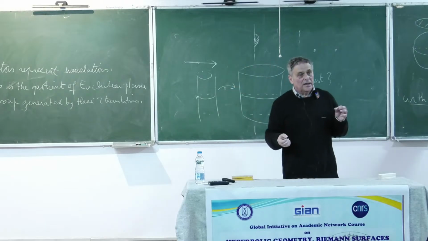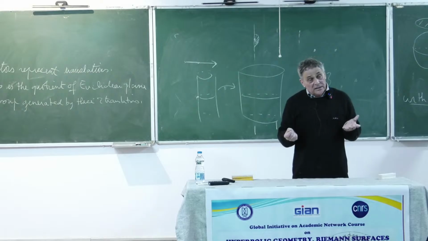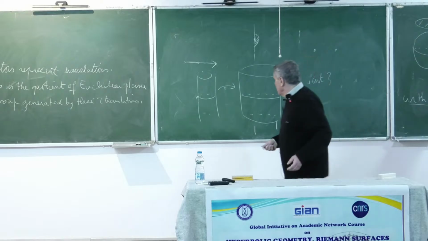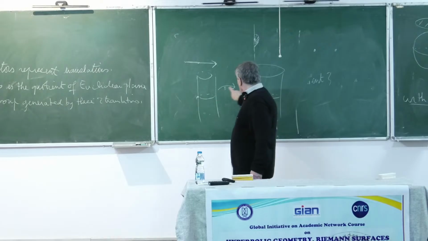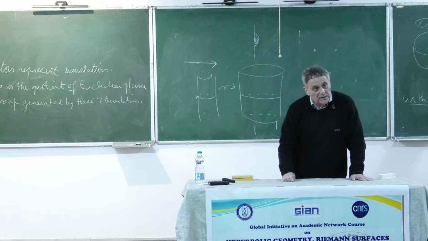Isometry means that it preserves distances. Okay, but isometry implies that the shortest loop in the first one will be equal to the length of the shortest loop in the second one.